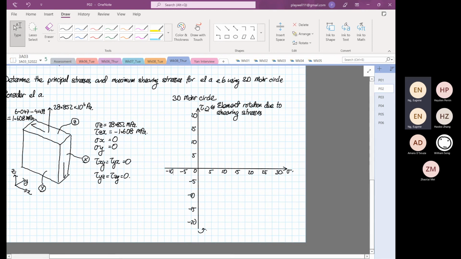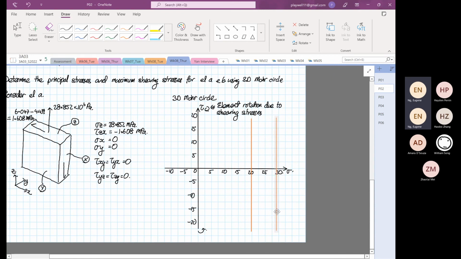So our stress Z is at 28. So we draw a vertical line.